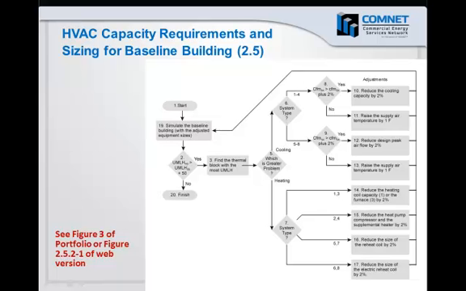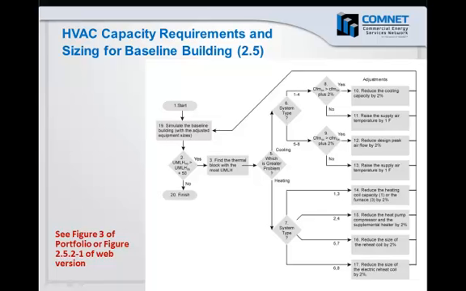The sizing of equipment in the baseline building is determined by the 20-degree delta T requirement that's specified in the performance rating method, and it's also specified by the requirement to oversize heating equipment by 25% and cooling equipment by 15%.